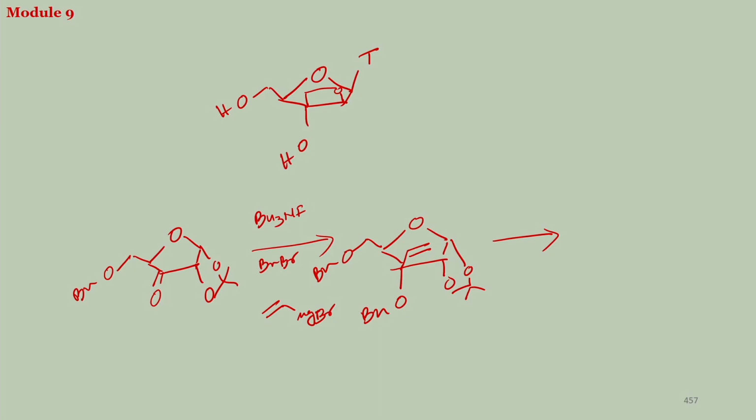What is the way to do it? If you do this iodine reaction here, sodium hydroxide, acetyl chloride, NaIO4, sodium periodate, NaIO4 treatment will give you, followed by hydrolysis of course.